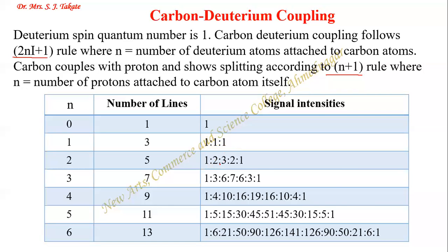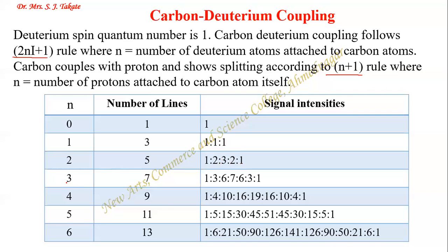So 1:2:3. Again I skip the first line intensity and just add the next two, 1 plus 1, so it is 2, and the last one is 1. This is how we get the quintet for a carbon with two deuteriums attached.